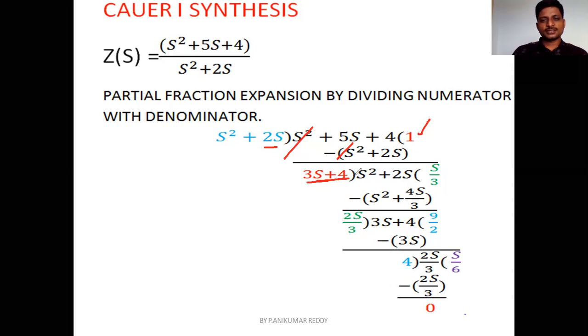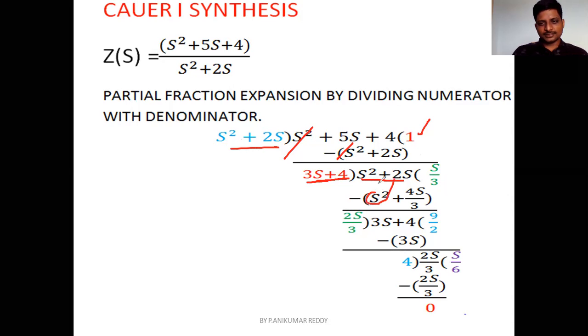Now you have to divide s square plus 2s by 3s plus 4. So you write s square plus 2s here. You have to select a quotient in such a way that you get s square here.